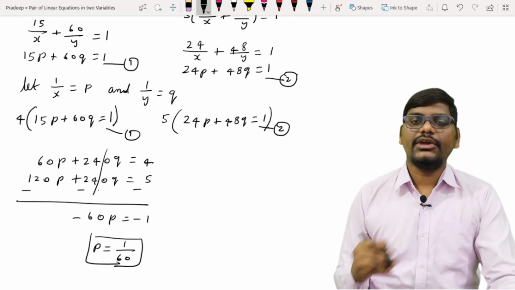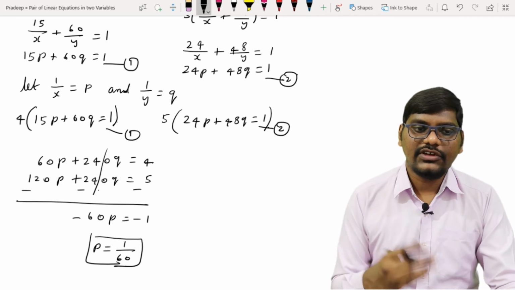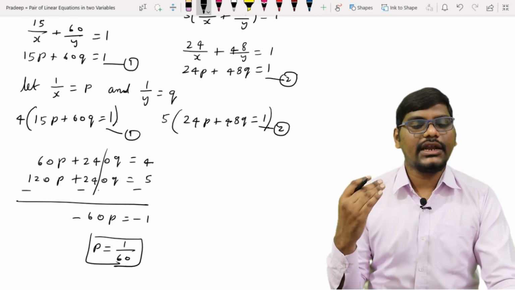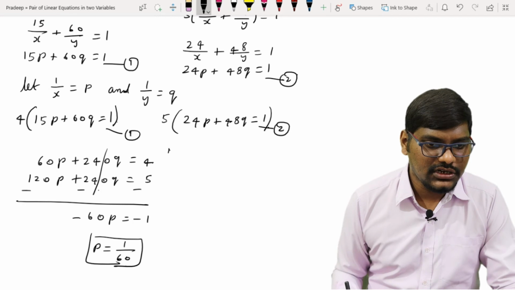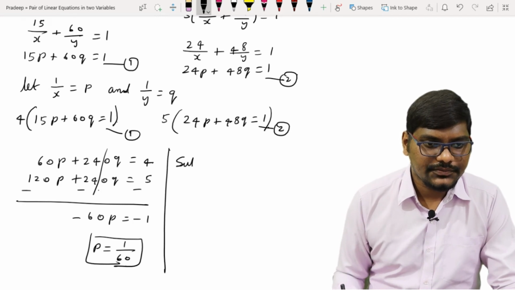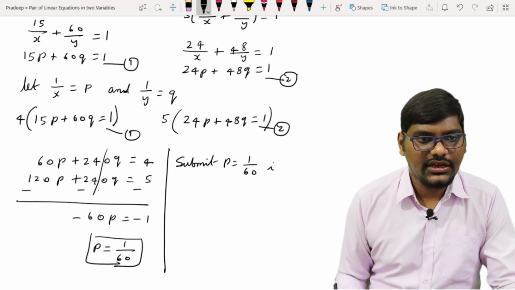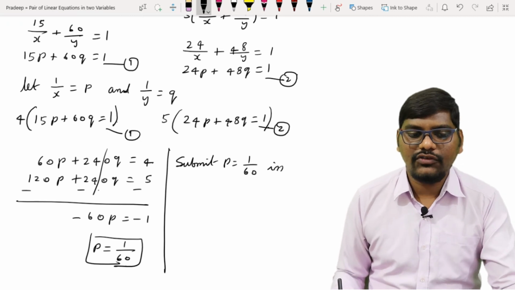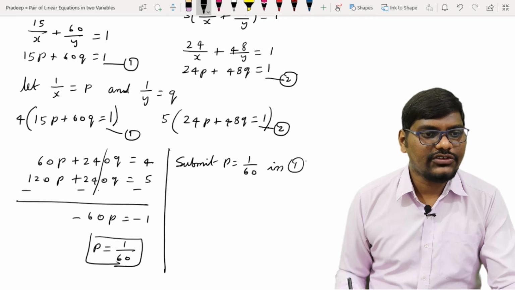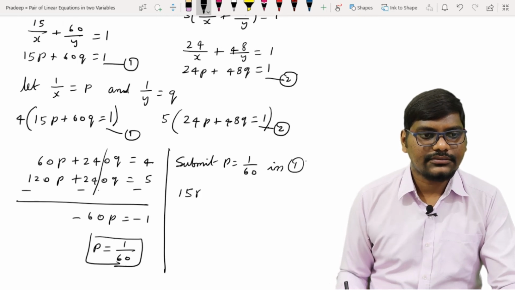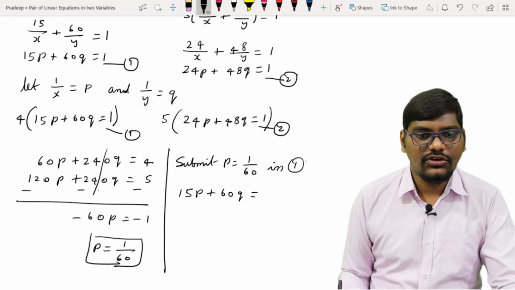So here we'll be getting p value equal to 1 by 60. If we substitute p equal to 1 by 60 in either the first or second equation, we'll be getting the q value. So let's do that. I'll substitute p equal to 1 by 60 in the first equation, that is 15p plus 60q equal to 1.